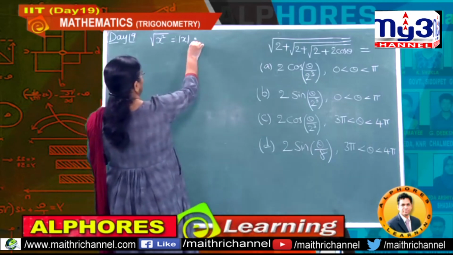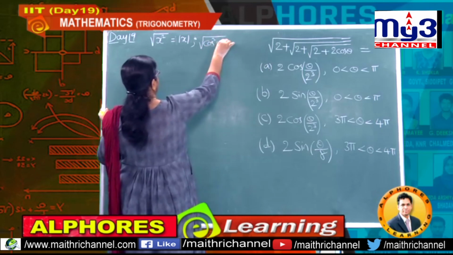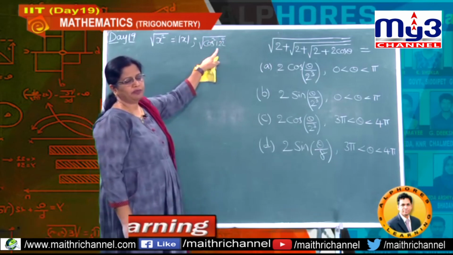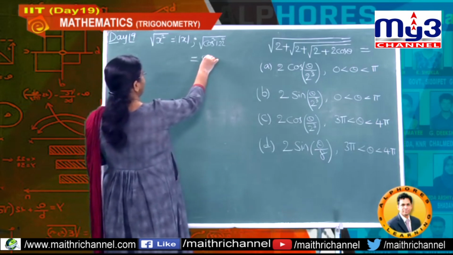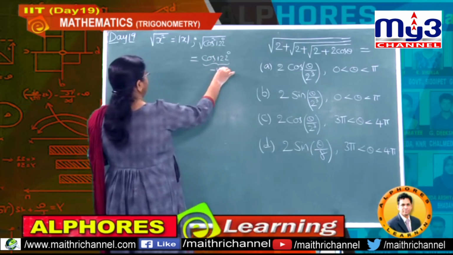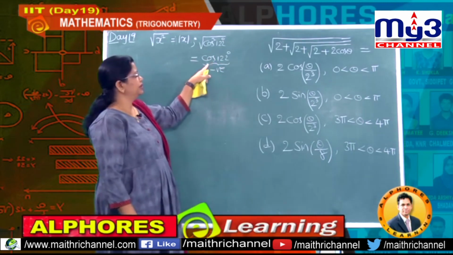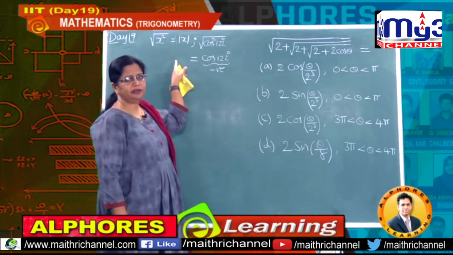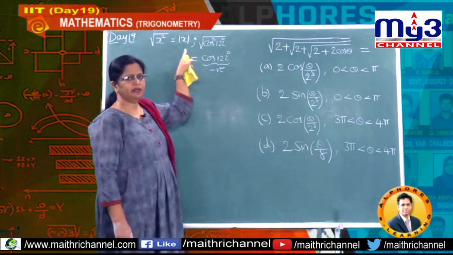Suppose you observe under root of cos square 122 degrees, students. What is 122 actually? An obtuse angle, in the second quadrant. If I write it directly, it is cos 122. What is the answer? This is a negative value, because in the second quadrant cosine values are negative. But the condition from algebra of real numbers is that the square root of any real number is always positive or 0.